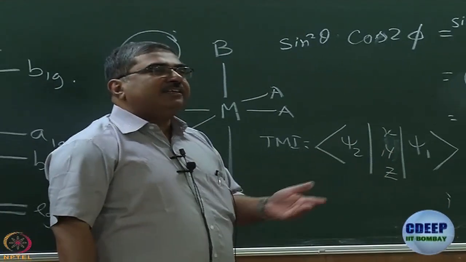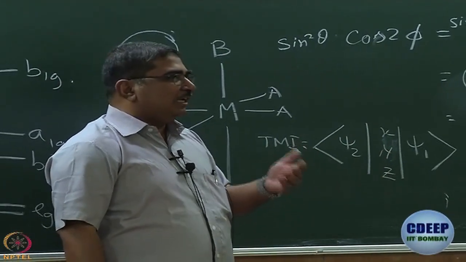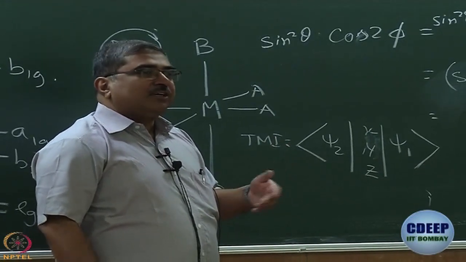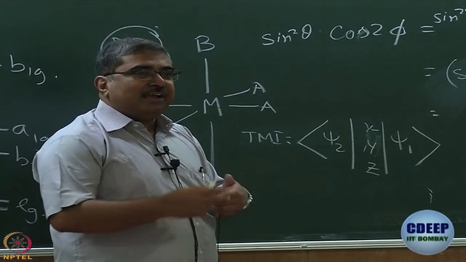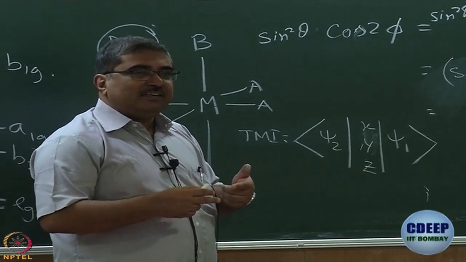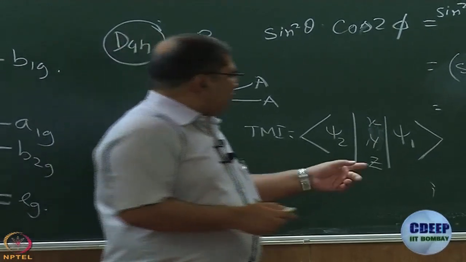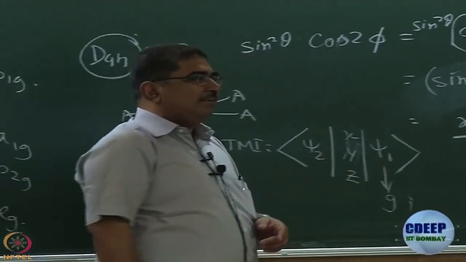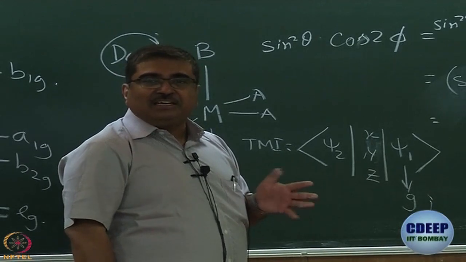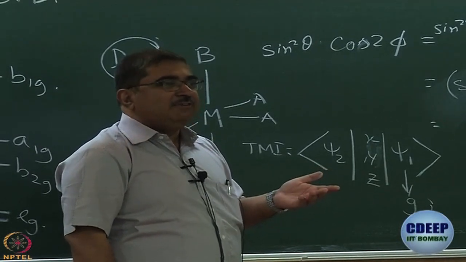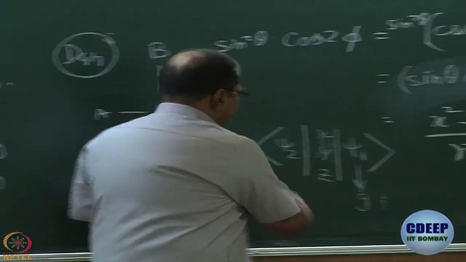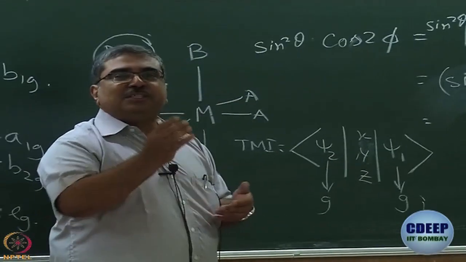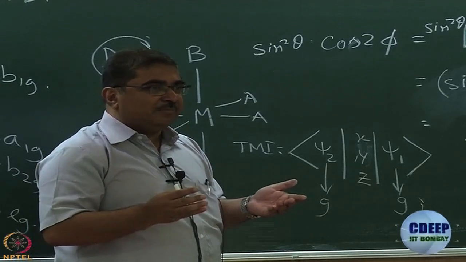Now, see, in octahedral case, it is very simple to tell you that d-d transitions are actually symmetry forbidden. Because in octahedron, you have a point of inversion, right. So, this is a gerade orbital, isn't it? Eg, T2g, both are g, symmetric with respect to inversion. This is also g. It does not matter from which orbital to which orbital transition you are talking about.